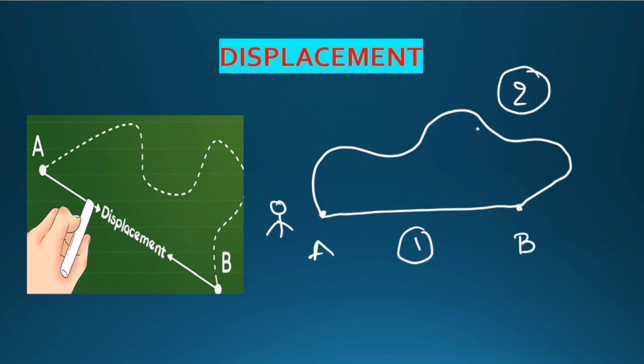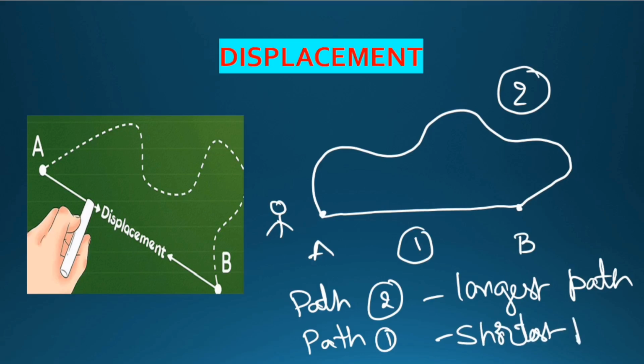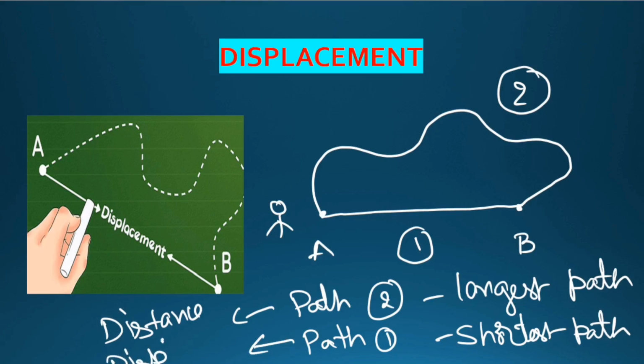Path 2 is the longest path. And which is the shortest path? Path 1 is the shortest path. Now this longest path is called distance, and this path 1, which is the shortest path, is called displacement.